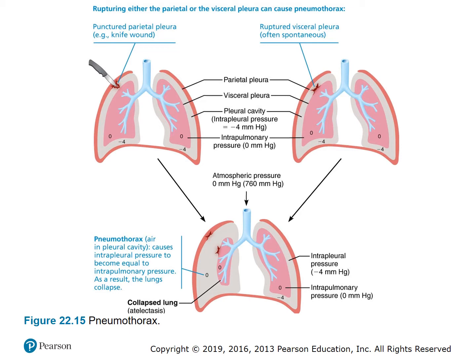So on the left, a punctured parietal pleura from, let's say, a knife wound, or a ruptured visceral pleura, often spontaneous, is going to cause pneumothorax, where it's going to cause air in the pleural cavity, and it's going to cause the intrapleural pressure to become equal to the intrapulmonary pressure, and as a result, the lungs collapse. A collapsed lung is called atelectasis.